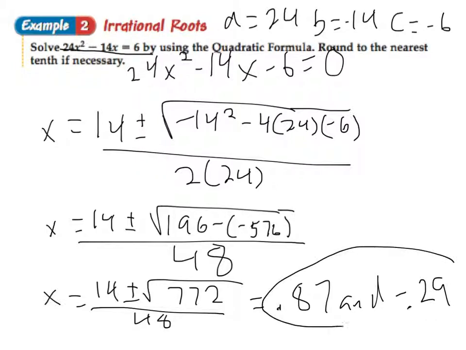So these are our two answers. Now you see, this is really nice because instead of trying to solve this using our previously learned methods, we simply have to plug it into this equation and figure out what the answers of x will come out to be. Now this is the end of lesson 1.